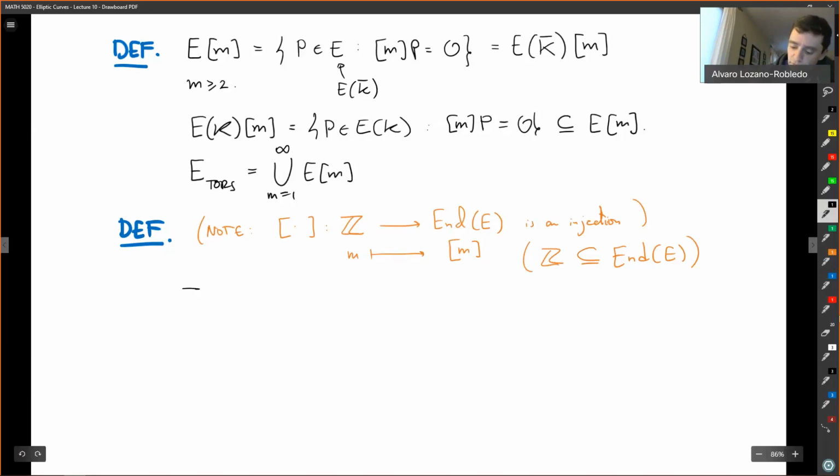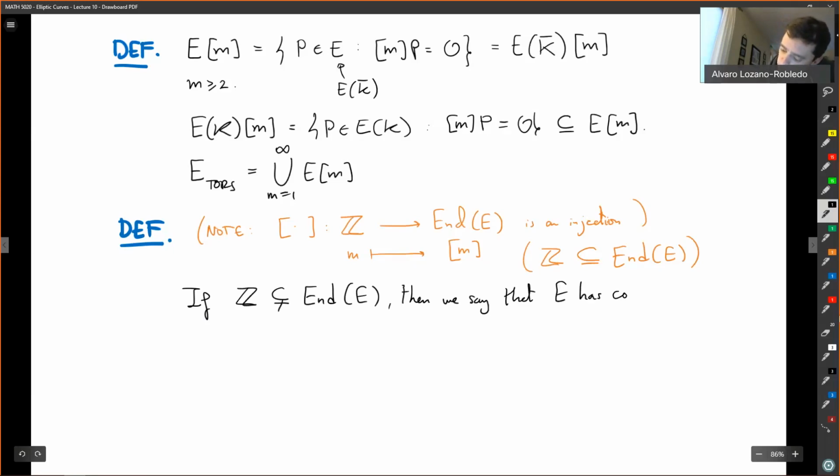If the integers are contained in but not exactly equal to the endomorphisms of E, then we say that E has complex multiplication, or that E has CM.